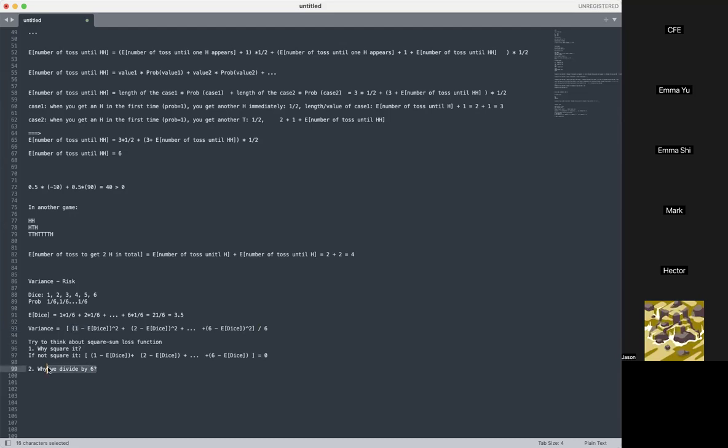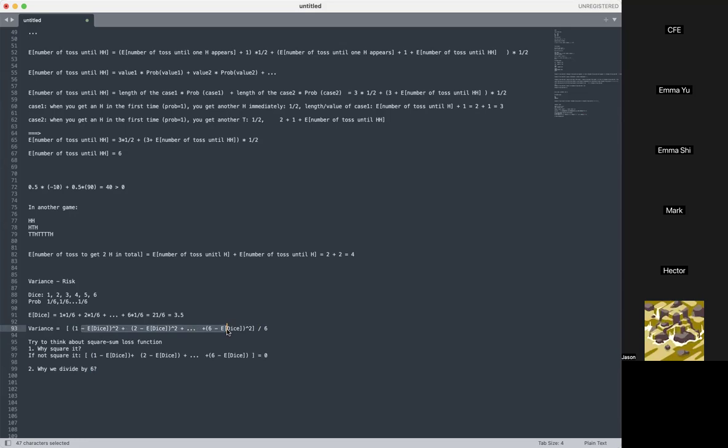And why divide by 6? Because we just want to find the internal variance of the numbers. We don't care about how many numbers we have. If you don't divide by 6, then the more numbers you have, the higher variance you get, and this is what we do not want. We just want to see on average how the numbers diverge from the expected value, the average.